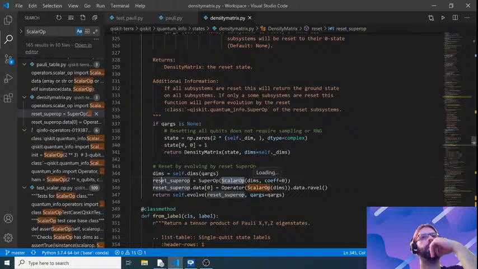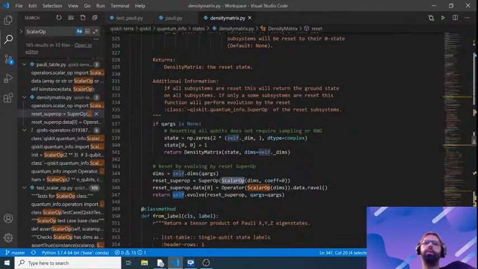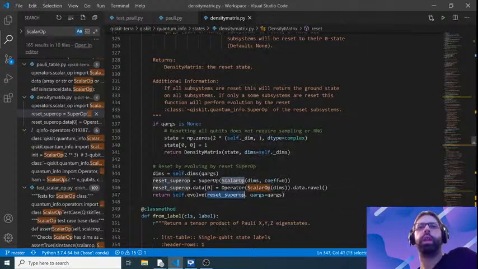And then what you do is you evolve yourself, you do self-evolve, so it seems like you're evolving the density matrix with this super operator. But I don't get it. Okay, so the super operator is an operator, right?